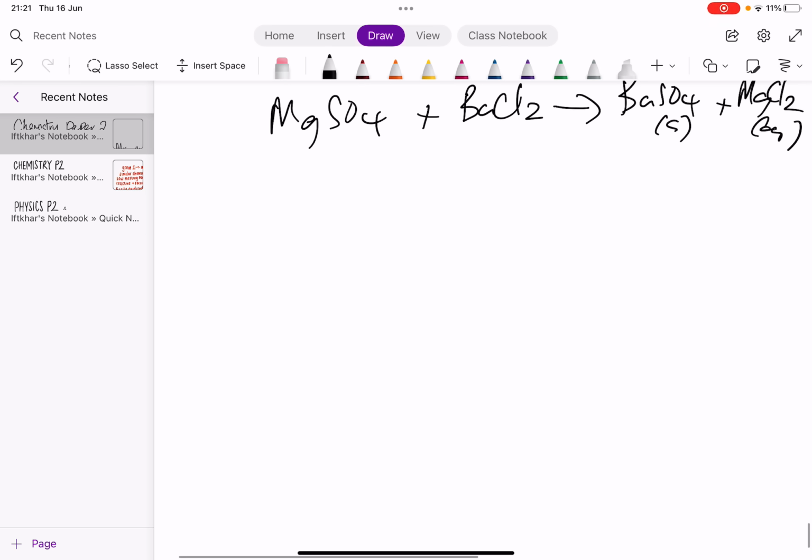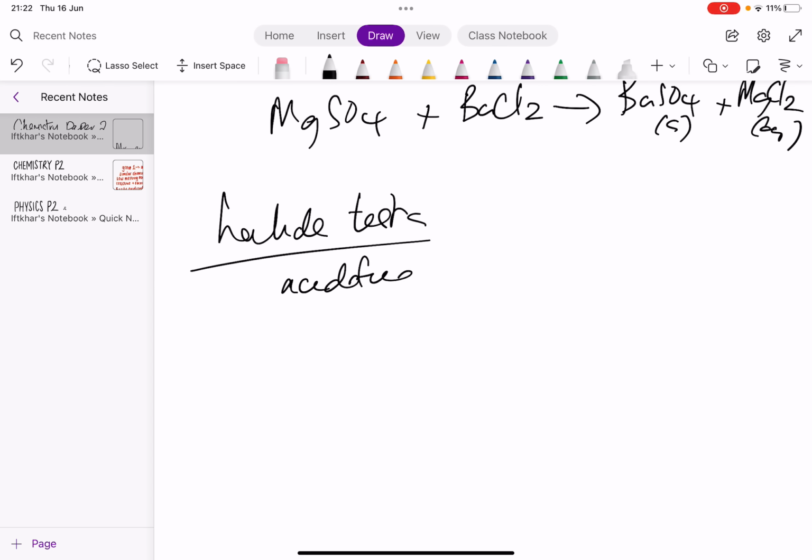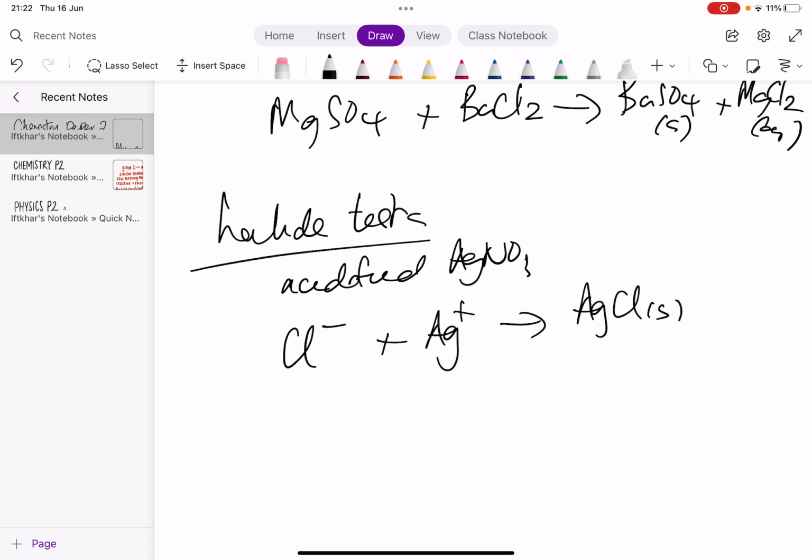Next, halide tests. You need acidified silver nitrate. Chloride ions will give you a white precipitate of silver chloride.